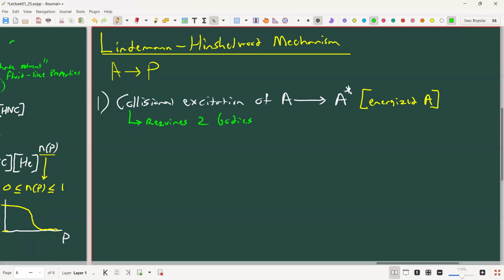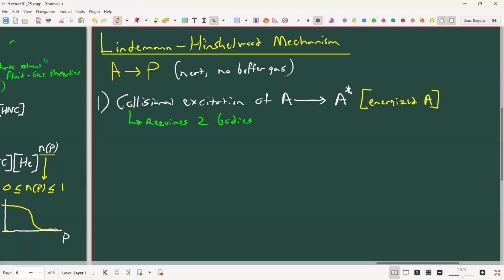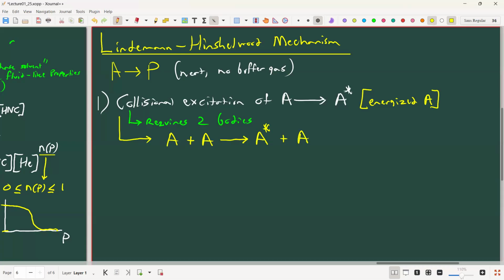So we're going to do this in the absence of a solvent or a gas, so this is neat. No buffer gas. But the argument of buffer gas is exactly the same. So this fundamental first mechanism step looks like A colliding with A to form an excited A and a non-excited A, right? This is what's called an inelastic collision.